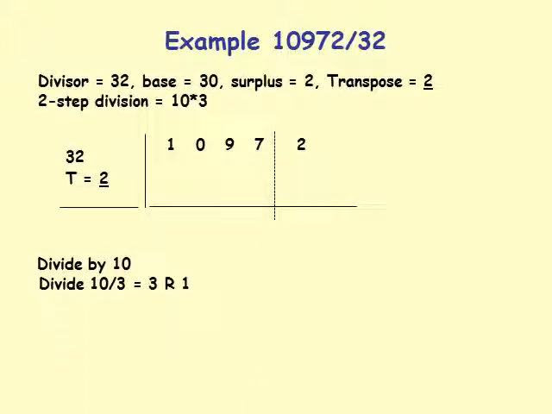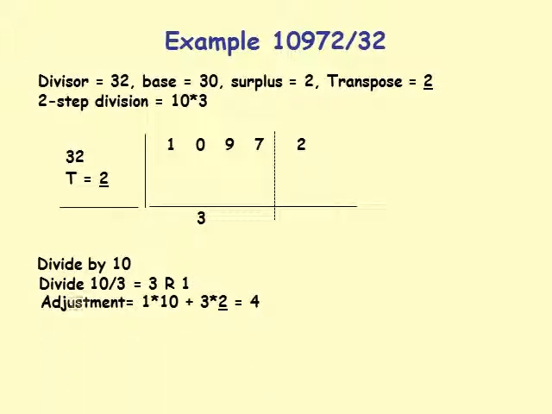Now we would divide these two digits, 1 and 0, by the second division, 3. So 10 divided by 3 is 3 remainder 1. So 3 is my quotient and 1 is my remainder, and now I've got to make adjustments for both the quotient and the remainder.